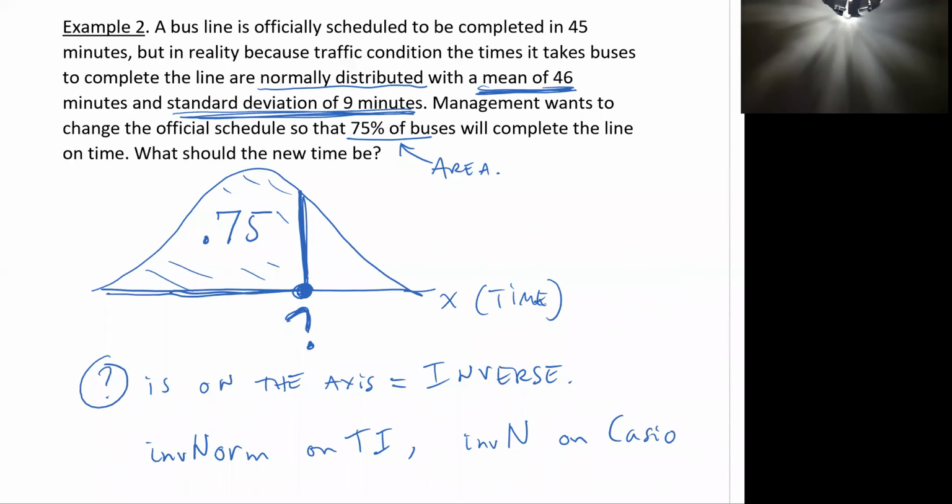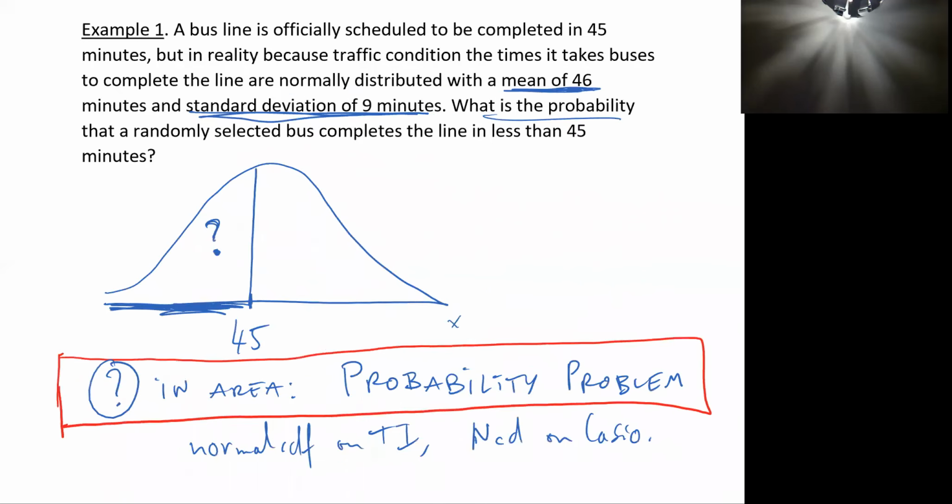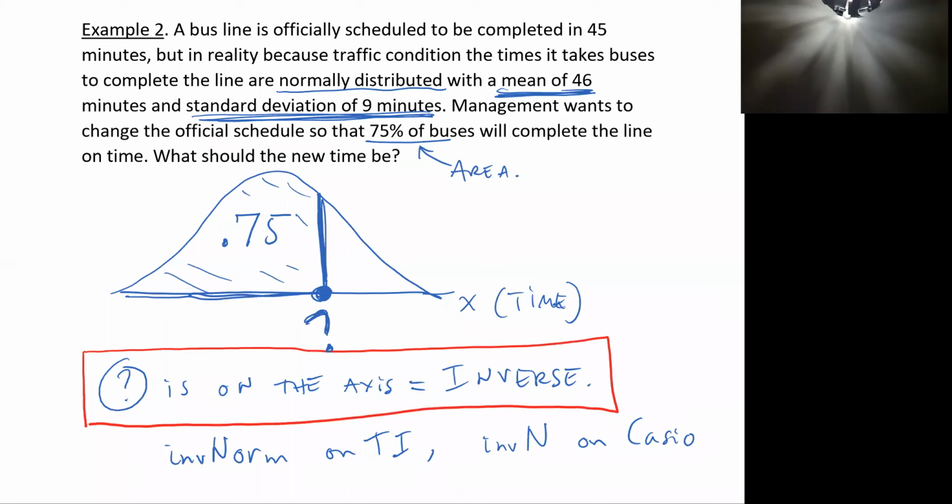So I have this rule, which I will box up. When the question mark is on the axis, I'm looking at an inverse problem. So these are my rules. If my question mark is in the area, I have a probability problem. If my question mark is on the axis, I have an inverse problem.